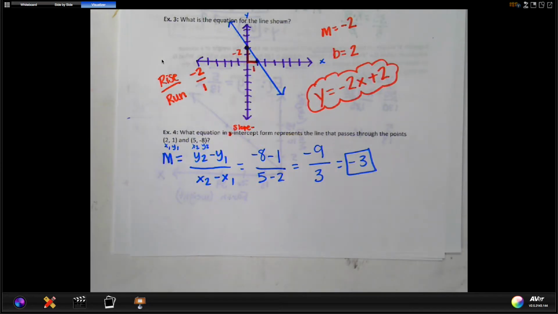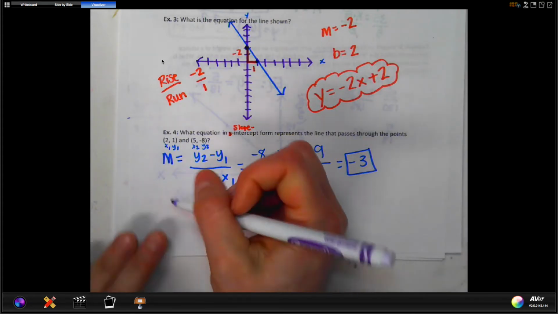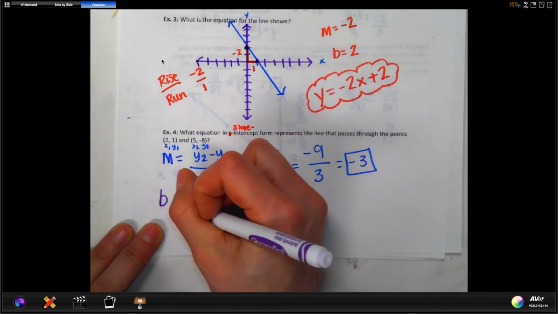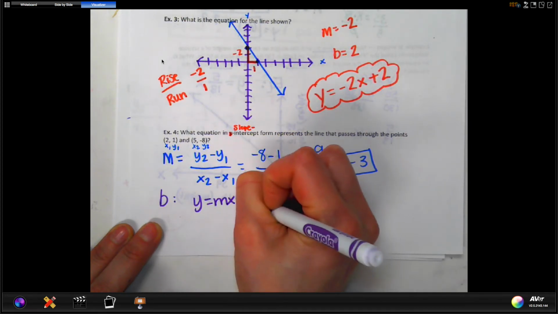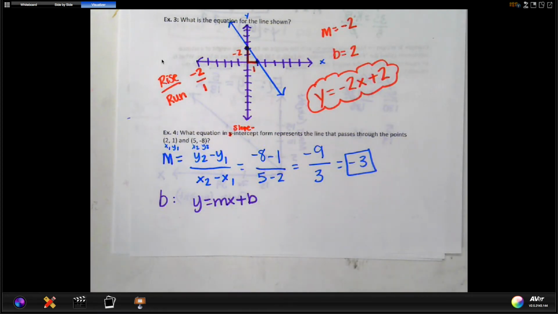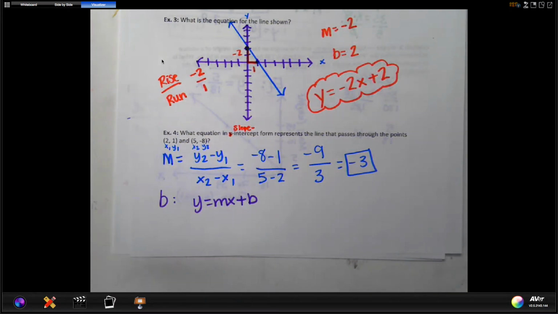Now, do you remember what I told you to do to find the y-intercept given ordered pairs? Go, Cody. Cody, what do I do? Yes, okay. We need to use y equals mx plus b to find our y-intercept.